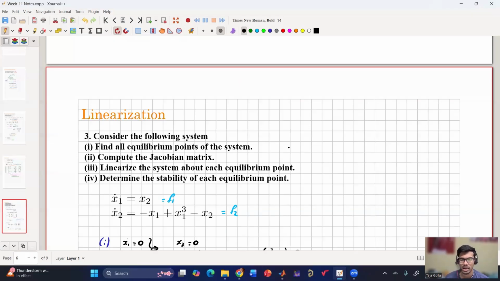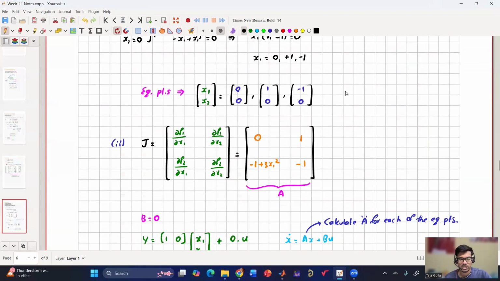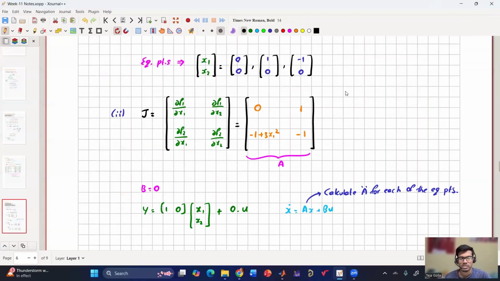And we know that the eigenvalues of the A matrix define the stability of the system. So the stability of the system is dependent on the states. At what point we are operating also decides the stability of the system. If we are close to one equilibrium point, it will have one type of stability. If we are moving away, it may have a different set of stability criteria because it's a function of x1.